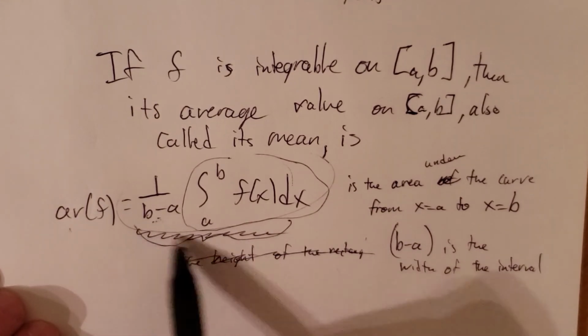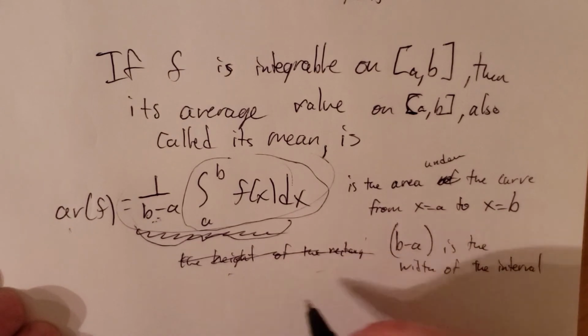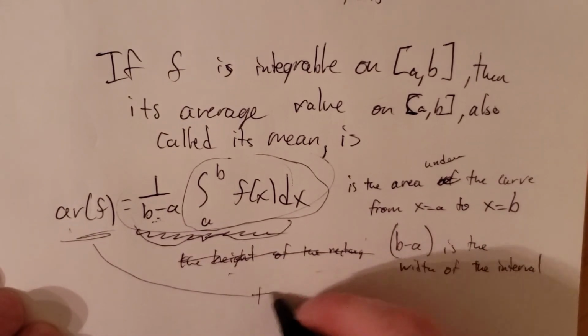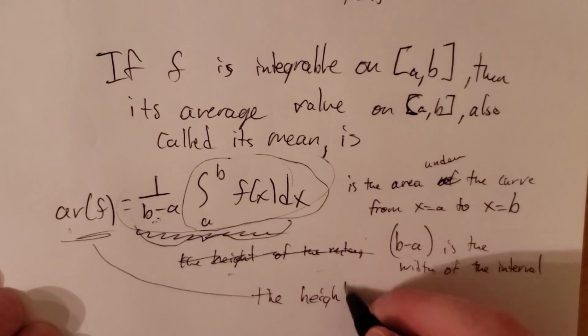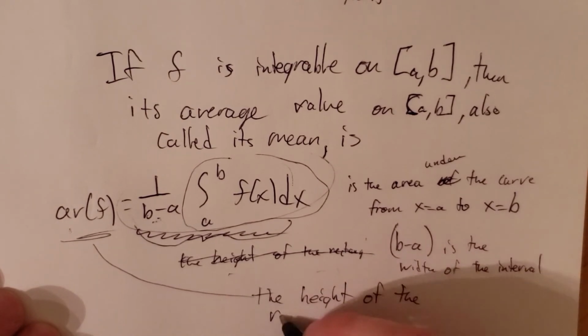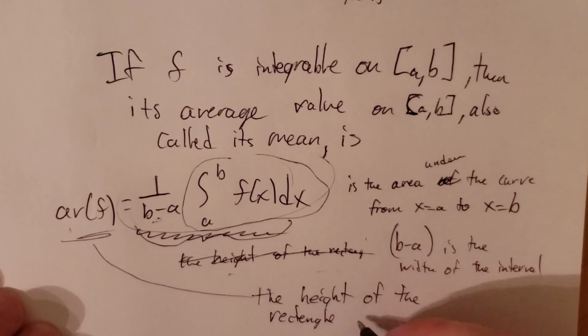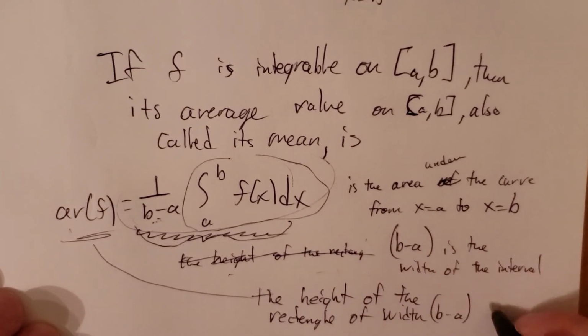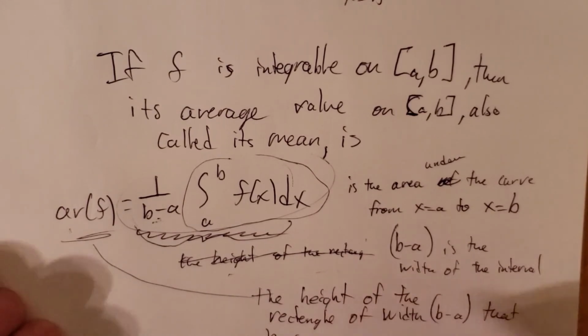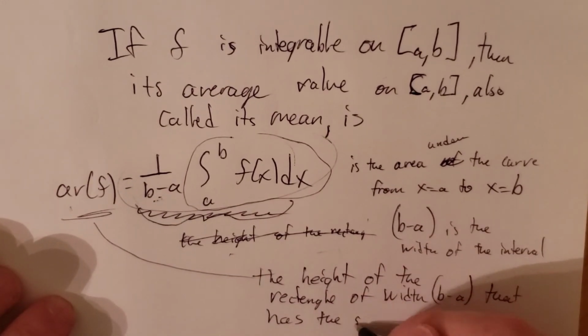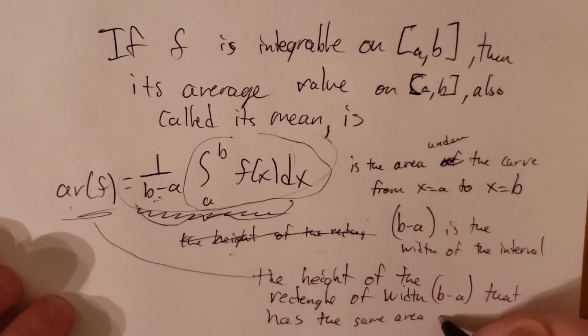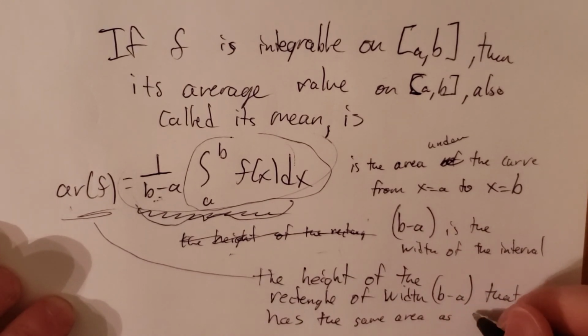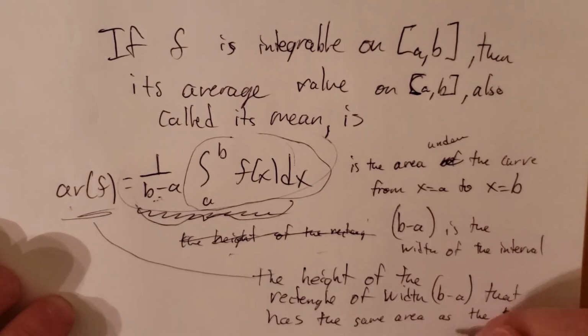So this whole thing together is the height of the rectangle of width b minus a that has the same area as the integral from a to b.